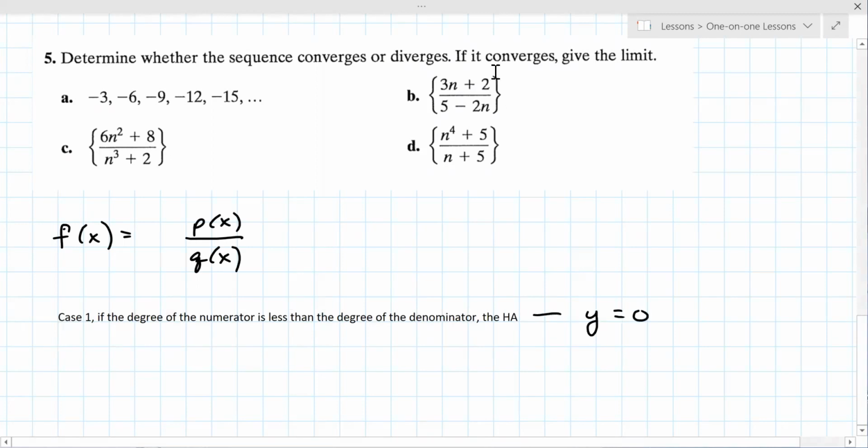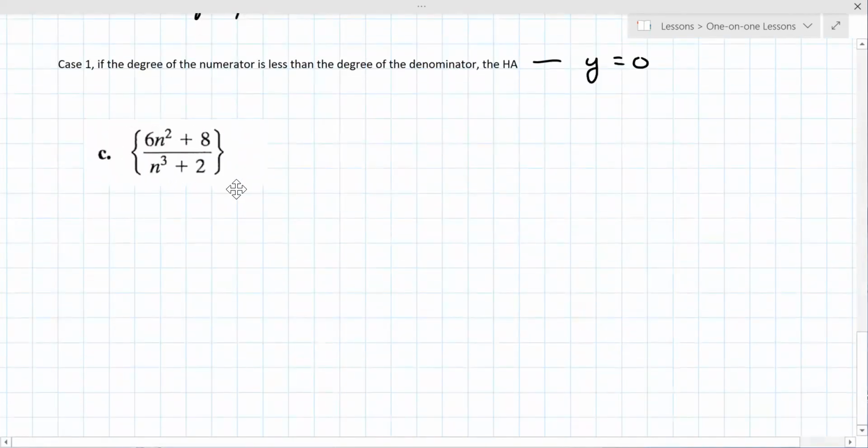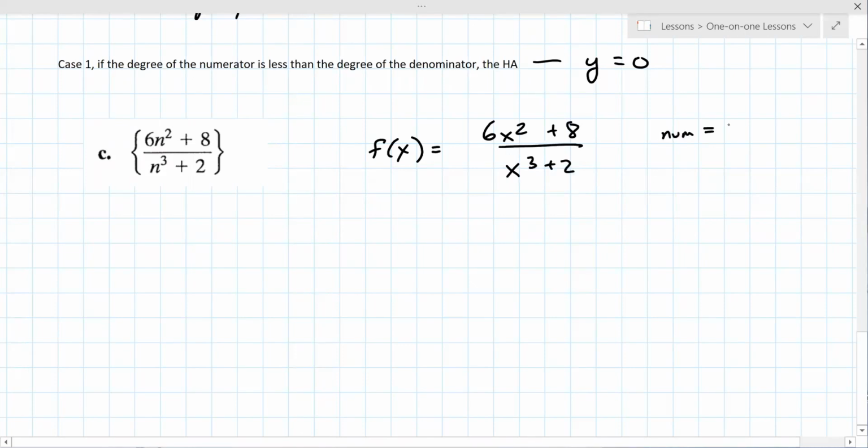So let's look at an example of that here. It's actually letter C. Let me snip letter C in specifically again. If you imagine it really being a function of x, f of x equals 6x squared plus 8 over x cubed plus 2. The degree of the numerator is 2 because of that exponent there.